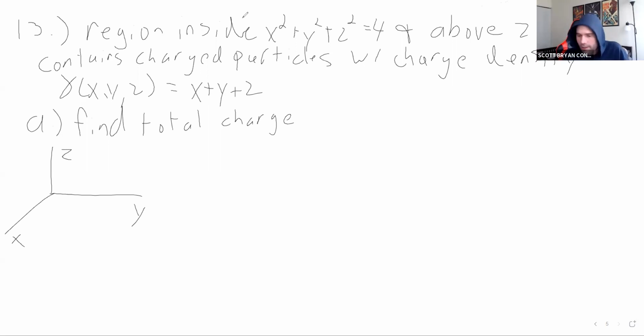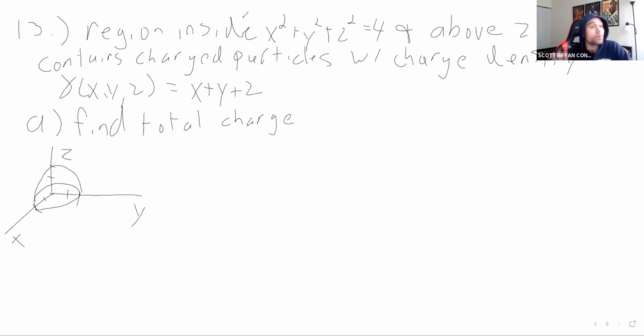So we have the sphere centered at the origin of radius 4, and we're looking at the top half, the region above z equals 0. Before it was above z equals 1, which made things a little more annoying. But now it's nice and simple. So that's the top half of our beautiful sphere.